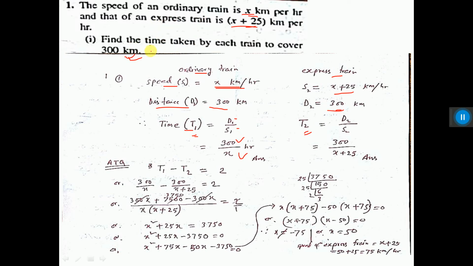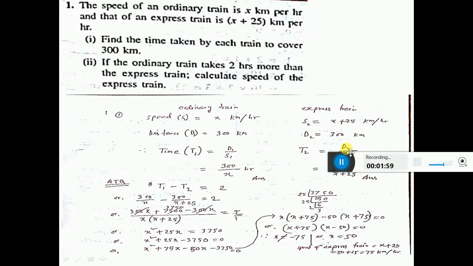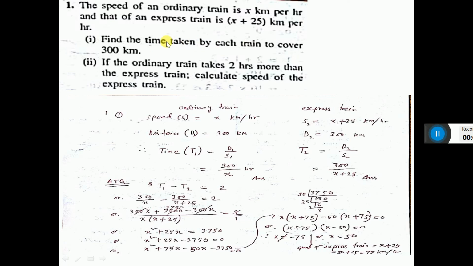So find the time taken. This is for the ordinary train, time is this, and for the express train time is this.